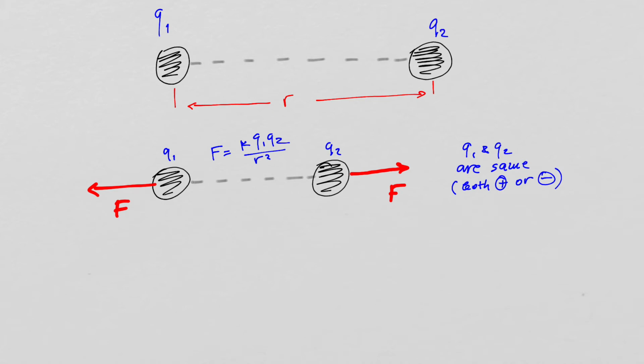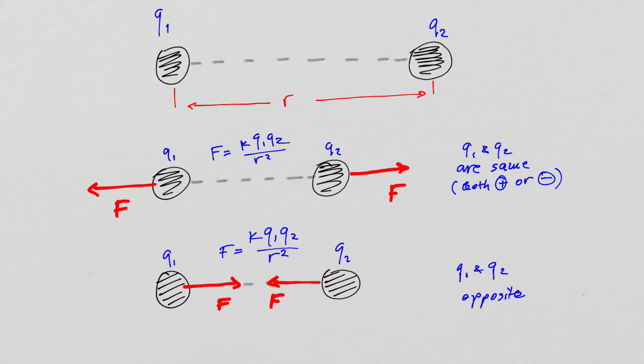Now let's see what the force direction is when the two charges are opposite. So here we have, again, the two charged objects with charges Q1 and Q2. But now the two charges are opposite. They're either positive and negative or negative and positive.